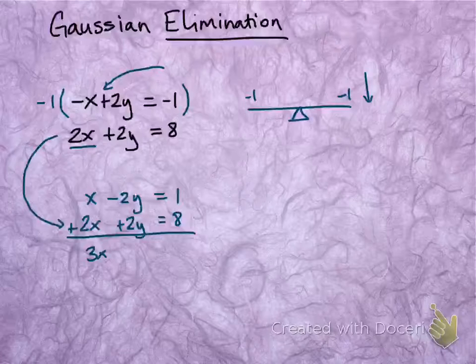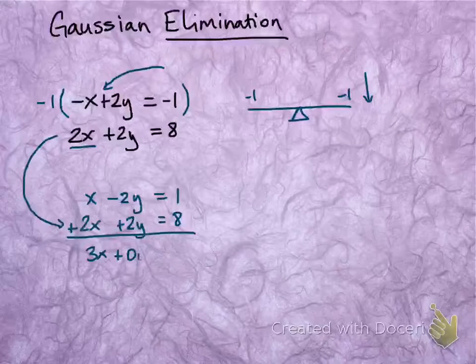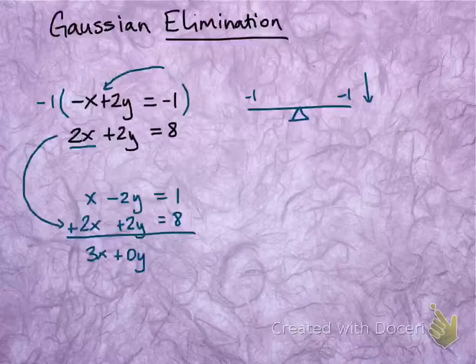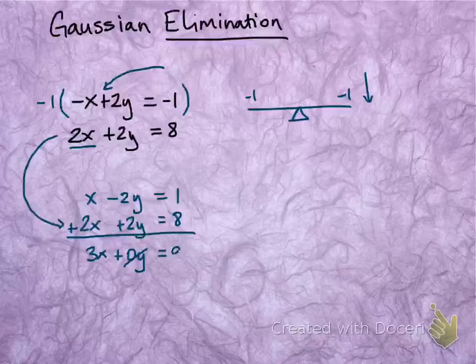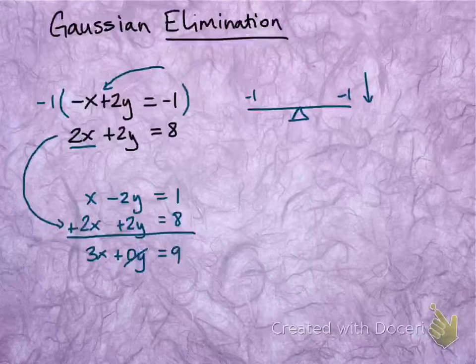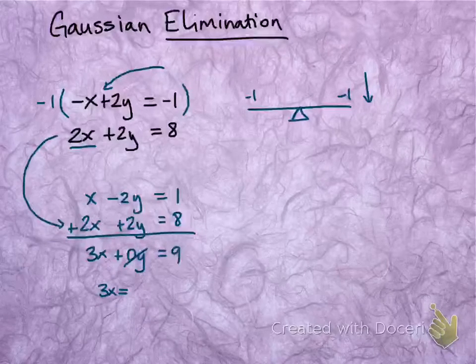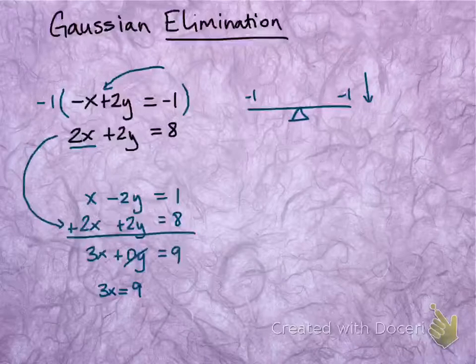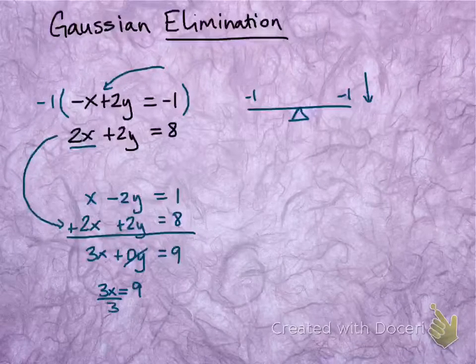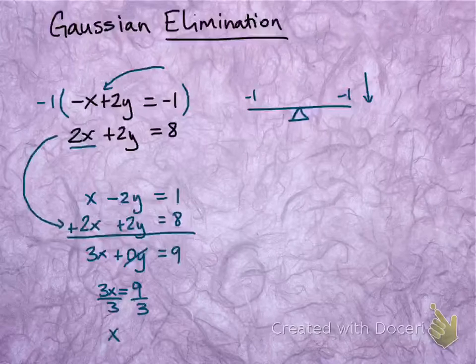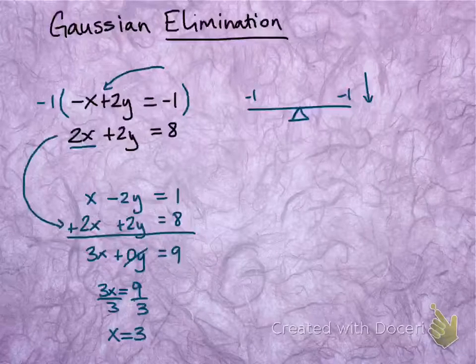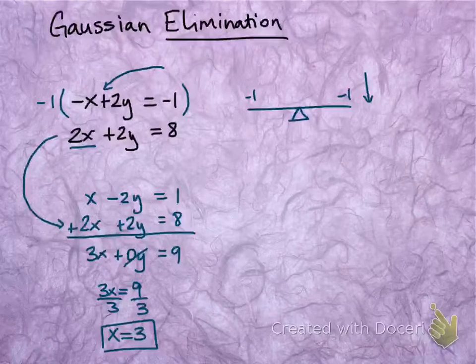Negative 2y plus positive 2y gives us 0y, right? But a 0 is just a 0. It doesn't matter what you multiply it with, so this just cancels out. Then we have 8 plus 1, that gives us 9. So now we have 3x equals 9. All we have to do then is divide by 3 on both sides, and x equals 3. That's solved.